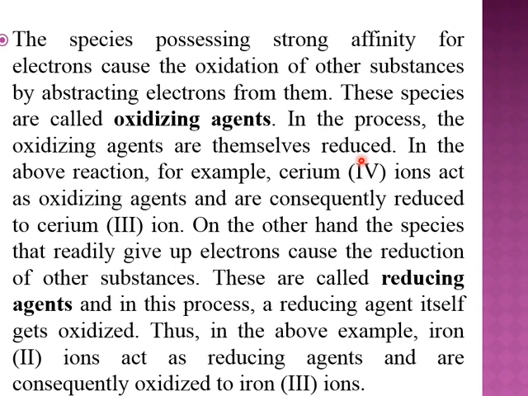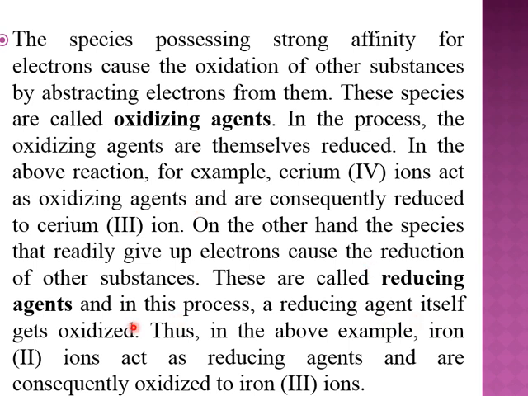For the example above, cerium acts as the oxidizing agent because it takes electrons from ferrous, so the ferrous becomes oxidized, but cerium itself is reduced. This causes oxidation of ferrous to ferric, so it is the oxidizing agent. A reducing agent is the opposite process.